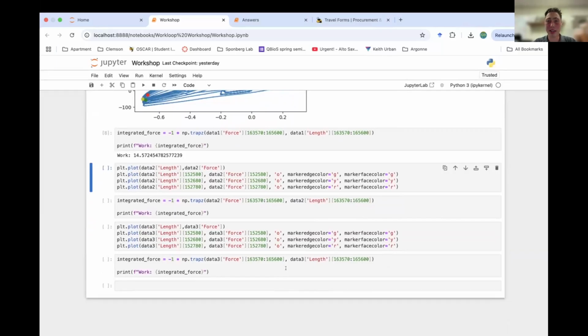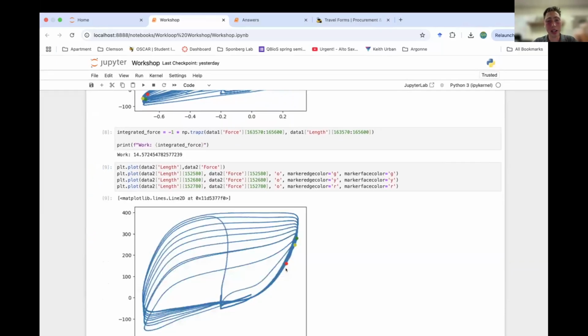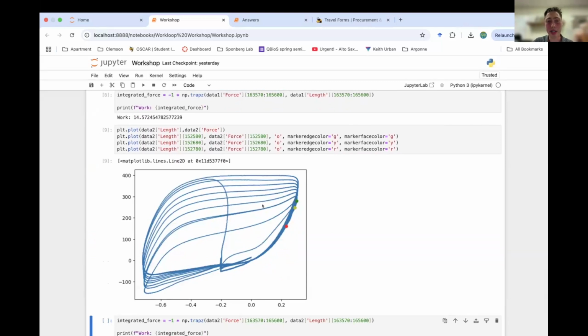Now, a lot of you suggested that the second point of data has positive work. Here, there is a large area under these curves, but as you can see, we're going in the clockwise direction, green, yellow, red.